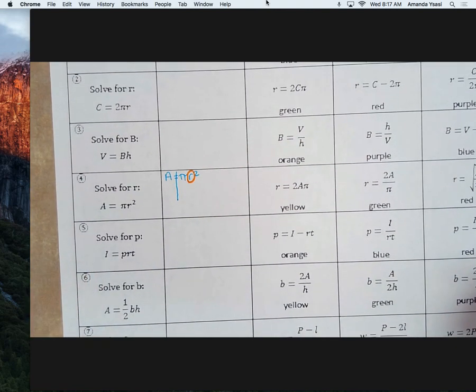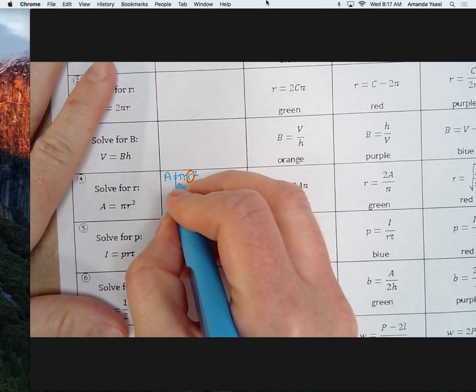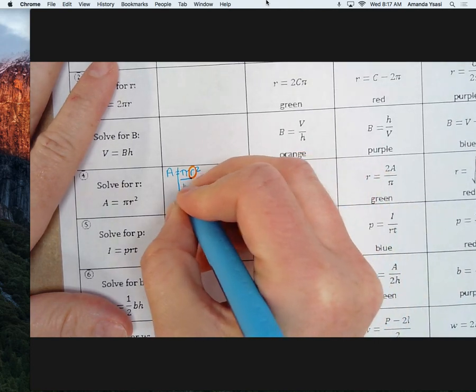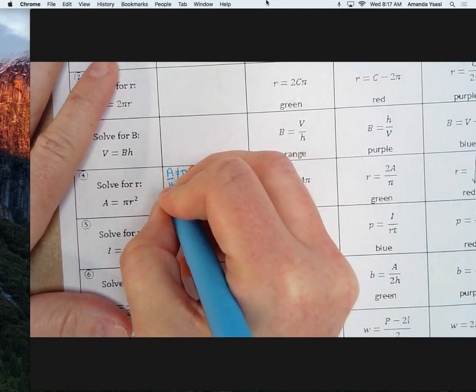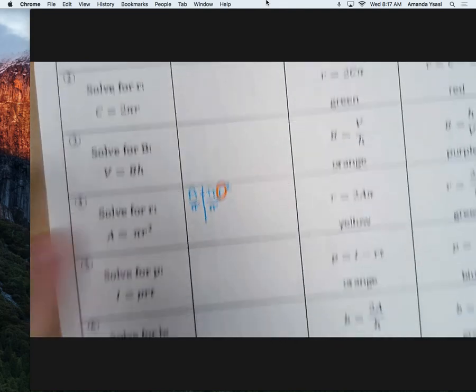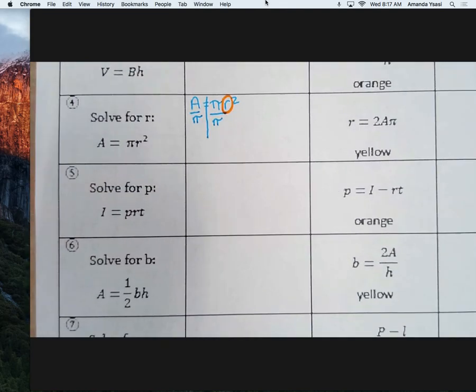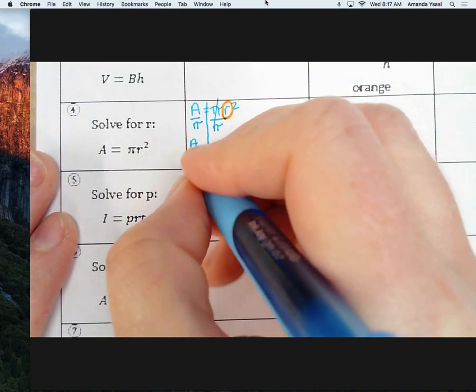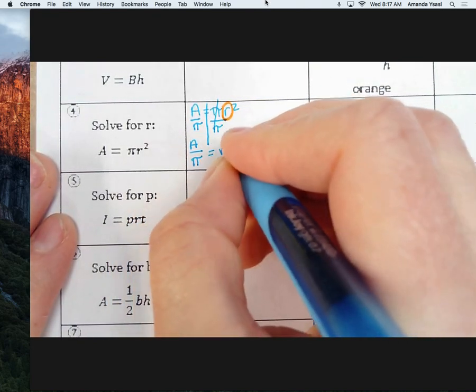So how do I get r by itself? What do I need to get rid of first? The pi. Pi is being multiplied, so I divide by pi. And so that cancels and we have area over pi equals radius squared.